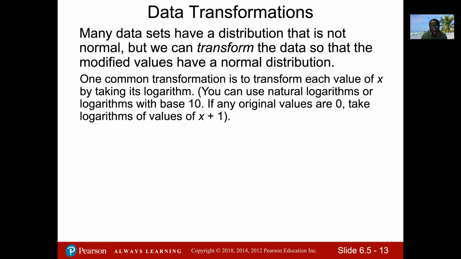One common transformation is to take the logarithm of each value of x. You can use natural logarithms or log to the base 10, it doesn't matter. If any original values are 0, take logarithms of x plus 1, and that should be normal.